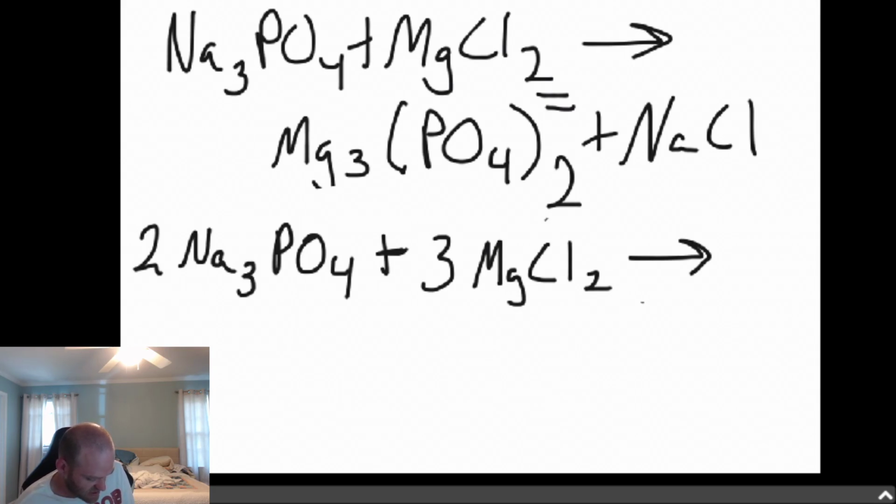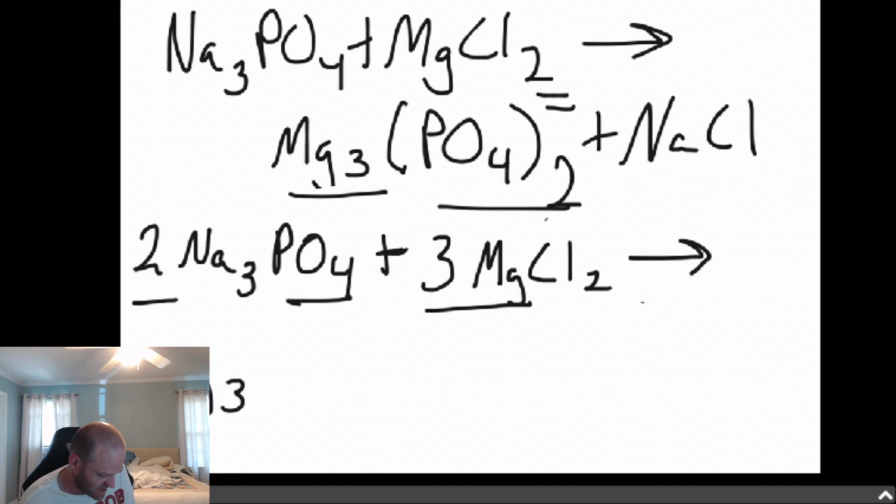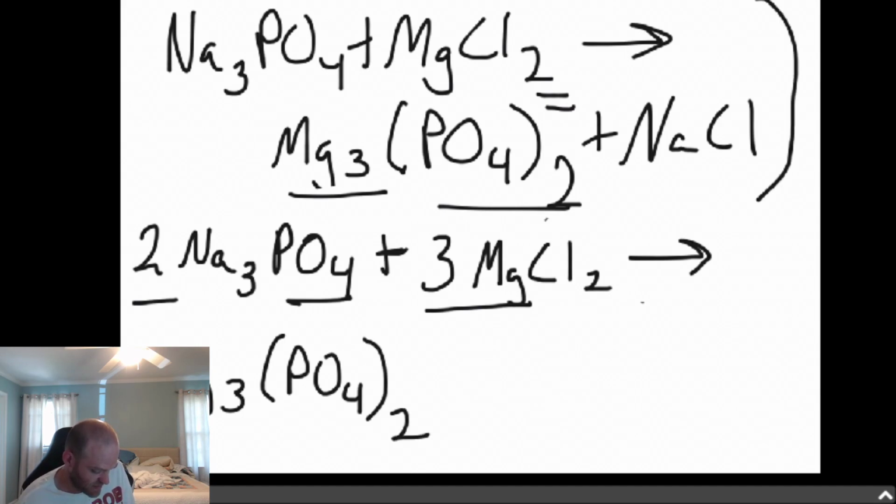I don't even need to because I have 3 Mg on this side, so 3 Mg works there. I have 2 phosphates here, so that matches. Let's just write that one how it is, and then we'll check and make sure everything works. PO4, 2. Okay, remember this is the problem, and then this is where our solution is.